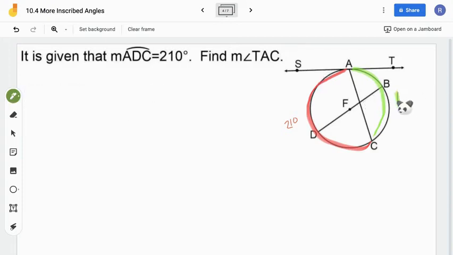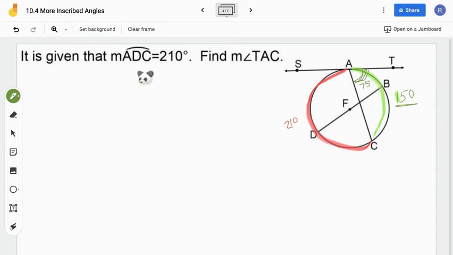We know that they're going to add up to 360. And so if we want to find this angle, which is between a chord and a tangent, it's going to be 1/2 of the intercepted arc. So in this case, it's going to be 75.